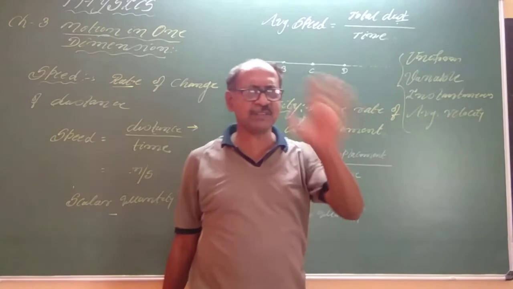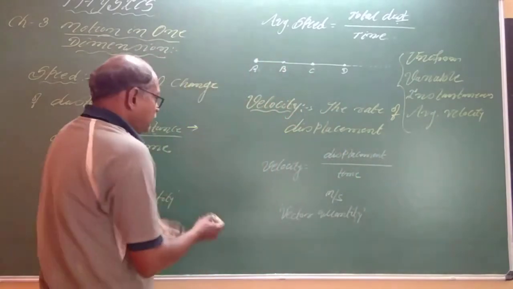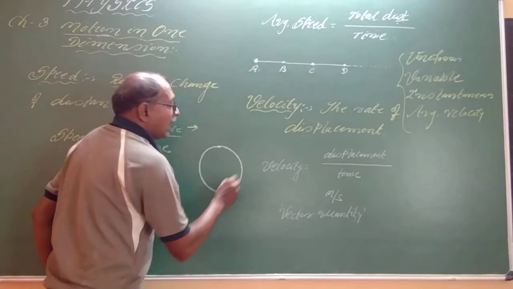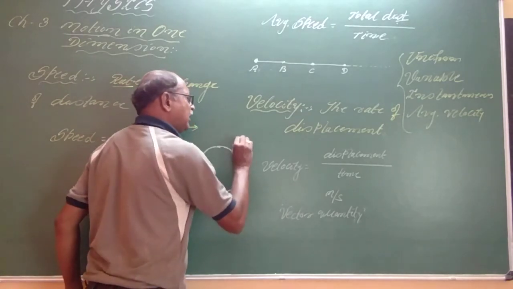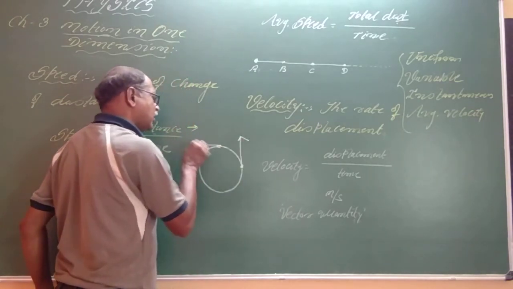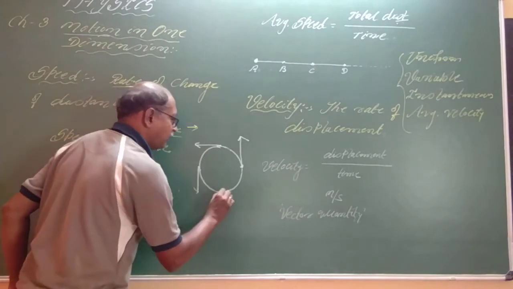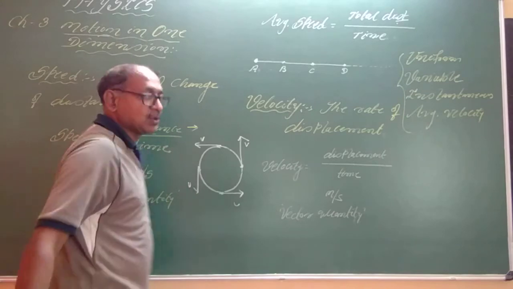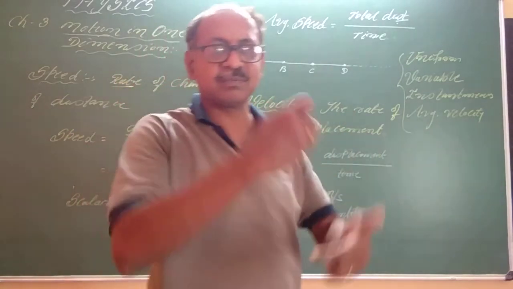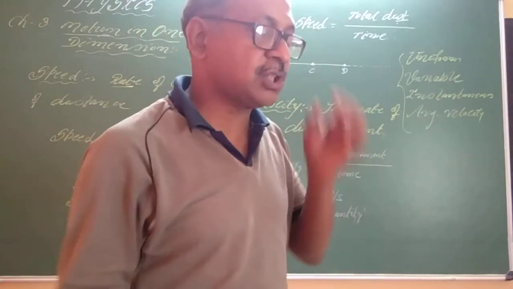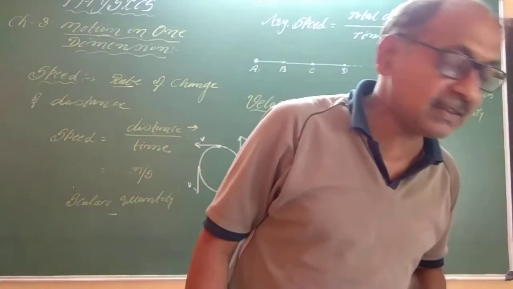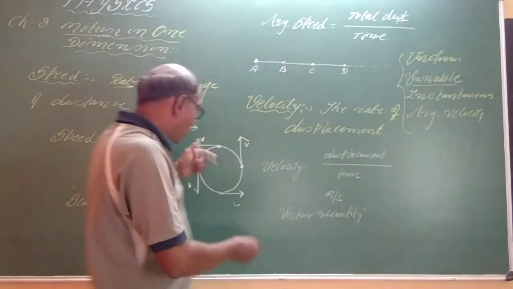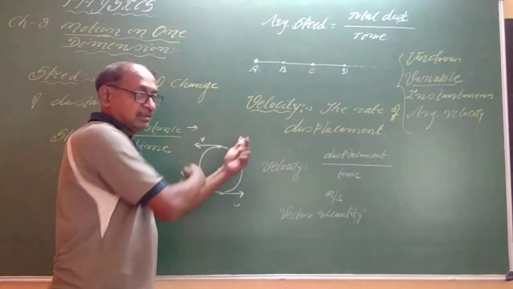For variable velocity, please understand: if a body is moving in a circular path like this, at each particular point the direction of the body changes. Then I can say it is non-uniform, or variable.